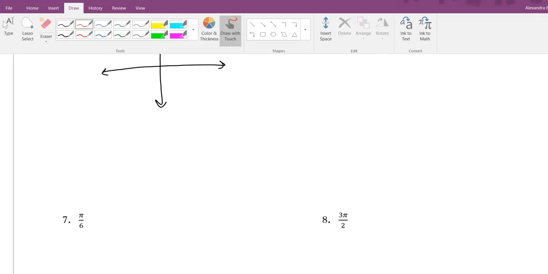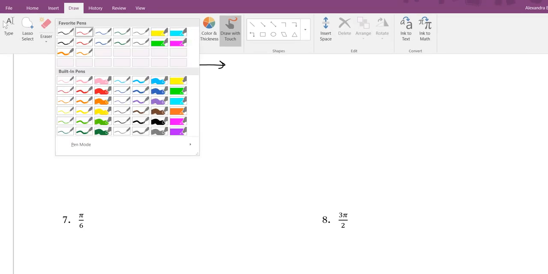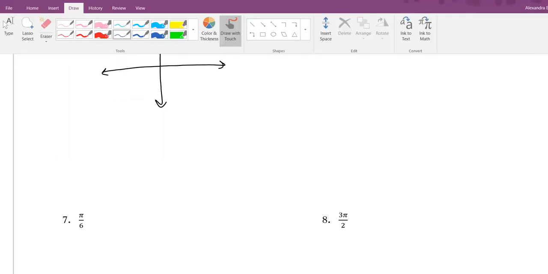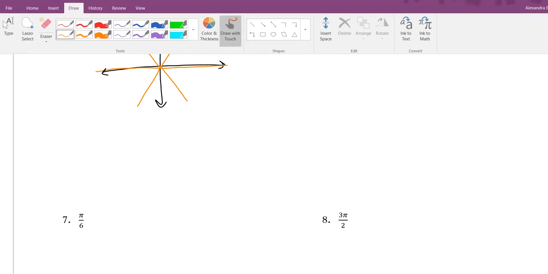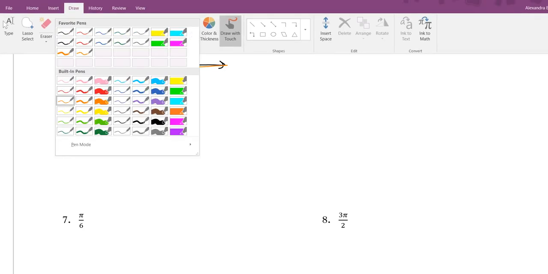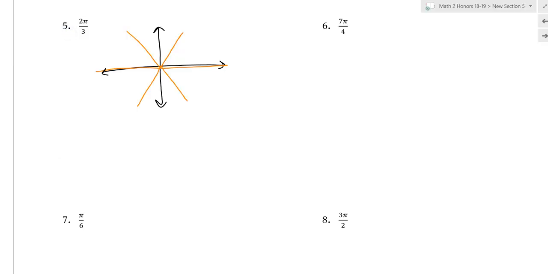Again, I'm going to cut it into thirds. So I want to cut the top half into thirds, bottom half into thirds. And then I'm going 2 of them. 1, 2. And that's my theta. Again, my y-axis is not part of those cuts in this one.